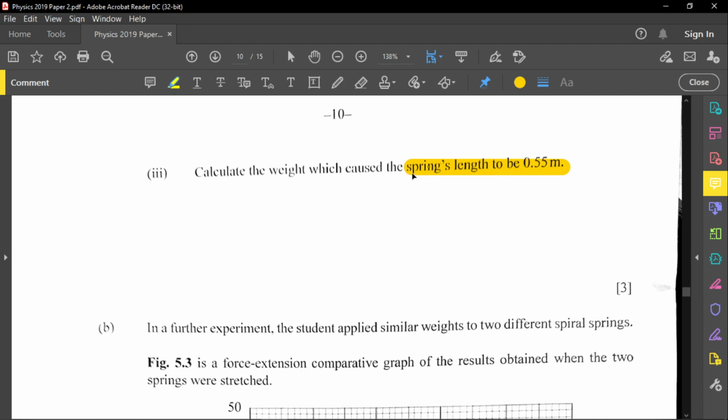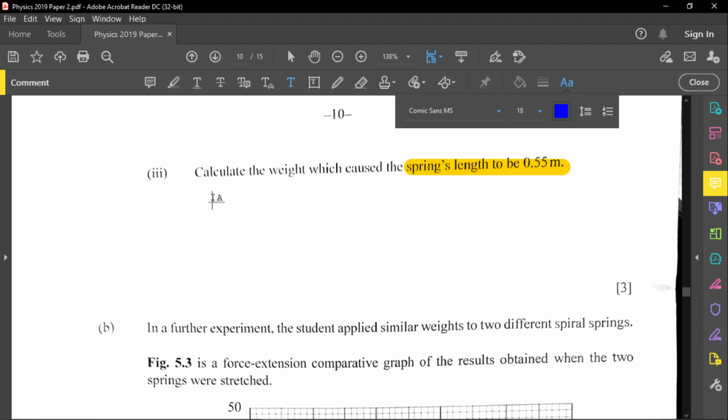But you need to remember that the spring itself has an original length of 0.1 meter. So what is the extension here? The entire spring length is 0.55, and we're going to subtract our 0.1 from that, because the original length of the spring is 0.1.